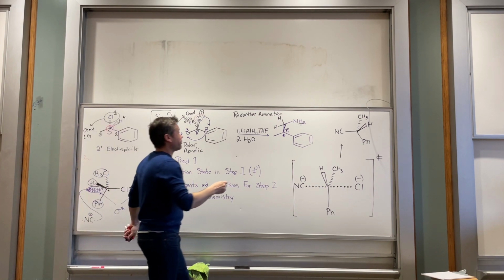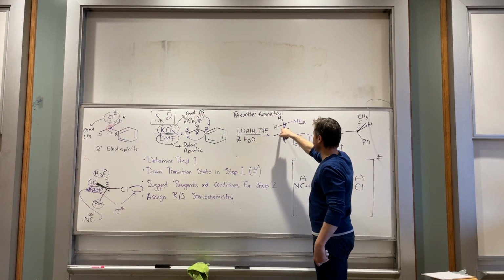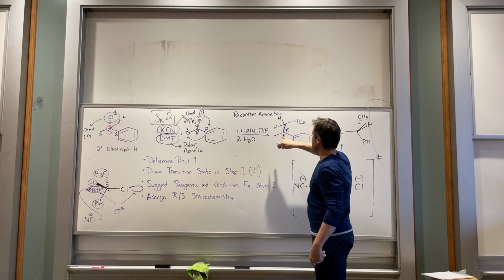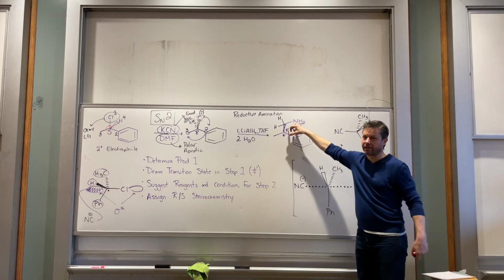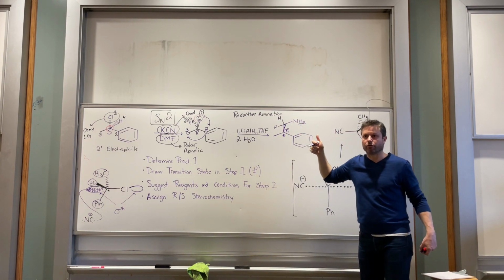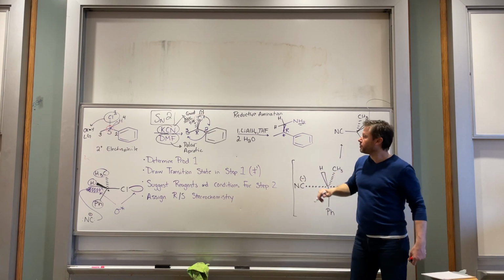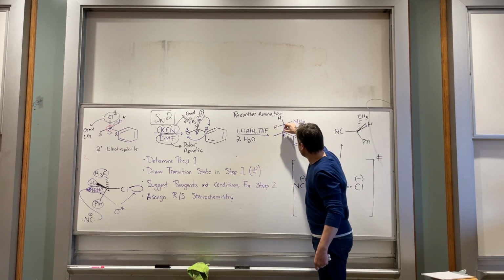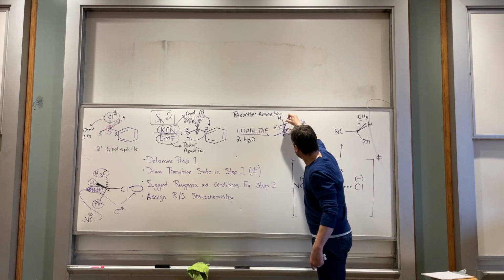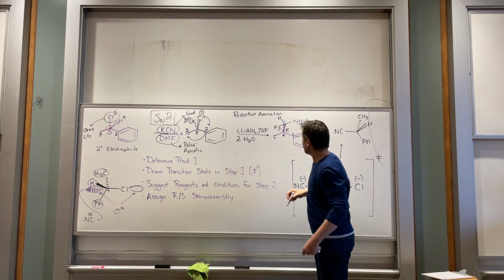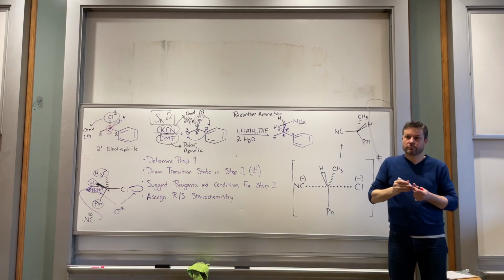Same thing here. The 2 hydrogens that we're adding don't change the fact that this carbon is still bonded to a nitrogen, so it still gets the high priority assignment. 1, 2, 3, 4.